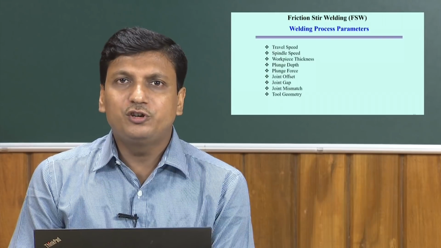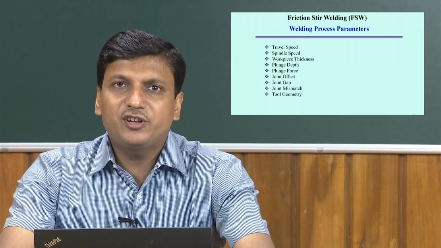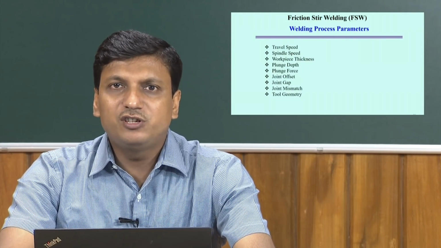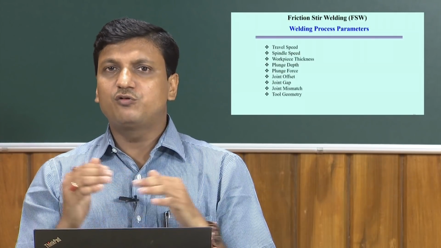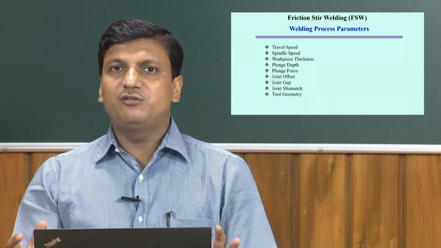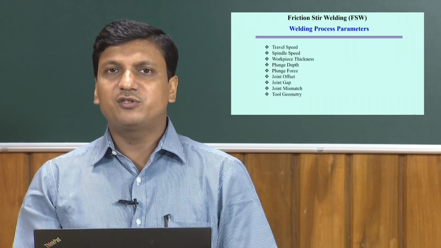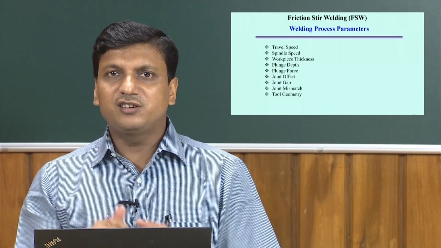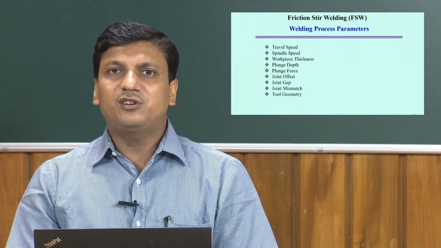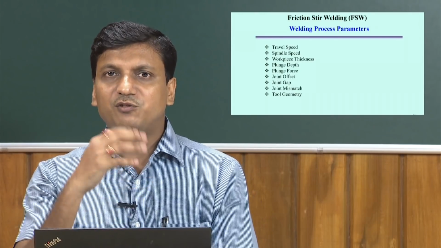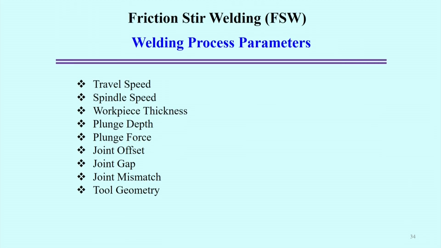And finally, the tool geometry. There are two components of the tool geometry which are in contact during the FSW process. One is the tool shoulder, which is in direct contact with the surface of the workpiece material. Another is the tool pin, which is in contact between the two surfaces which are supposed to be joined.